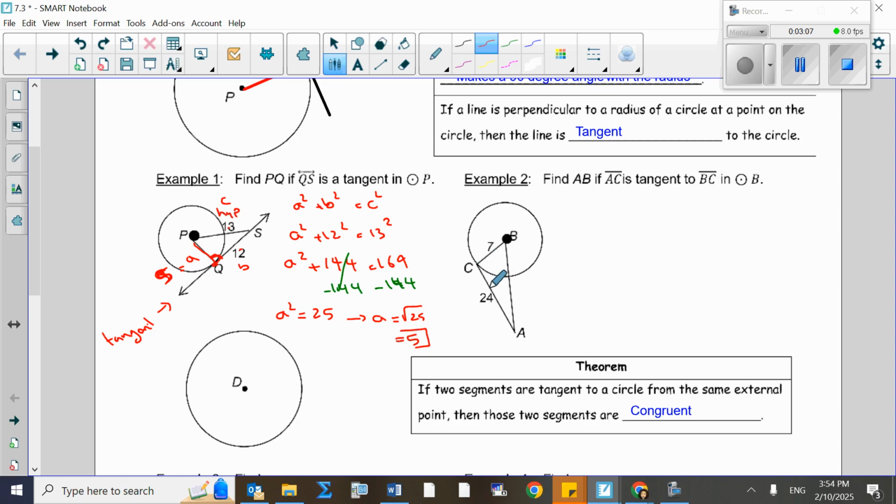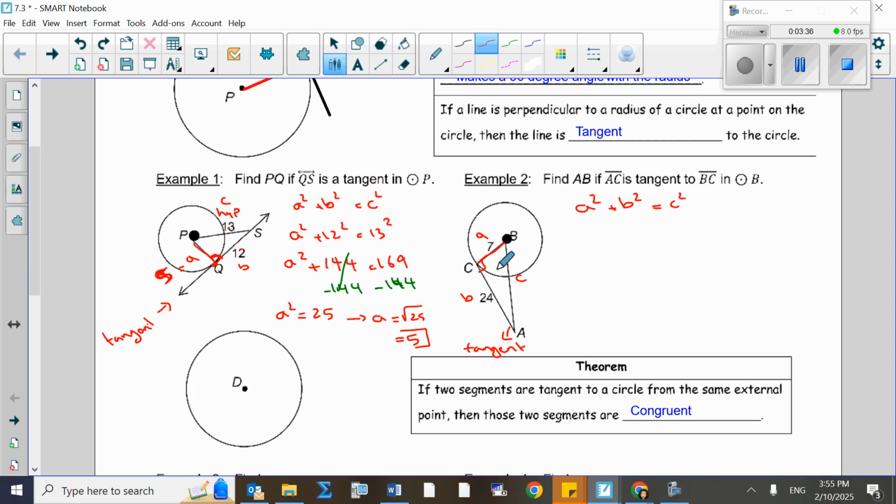Okay, let's work on this example. Again, we see a tangent line. This AC is the tangent line, and here we have the radius, and they make a 90-degree angle with each other. So again, we have a right triangle, and now we're going to use the Pythagorean theorem. The two sides that are touching the 90 degrees are a and b.